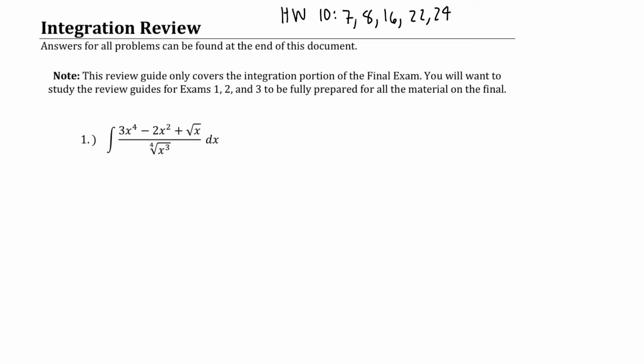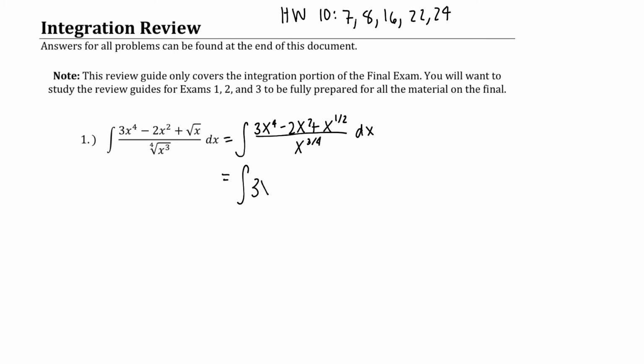All right. So for this first guy, we can't just integrate him outright, but we can simplify this using some algebra. So I'm going to go ahead and rewrite these in their exponent form. On the bottom we have x to the 3/4 dx. And then when we simplify, we are distributing this denominator to all of them and subtracting the exponent that's in the denominator.